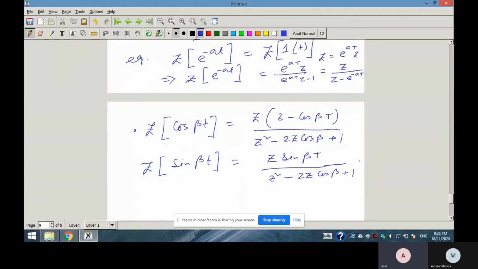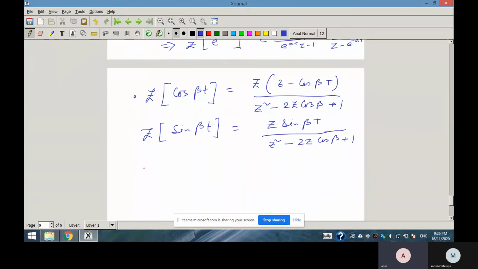Now another important relation is this one. The Z transform of t into f(t) is equal to minus T z into d by dz of F(z). So this is an important relation. How to prove it? You can easily prove it.